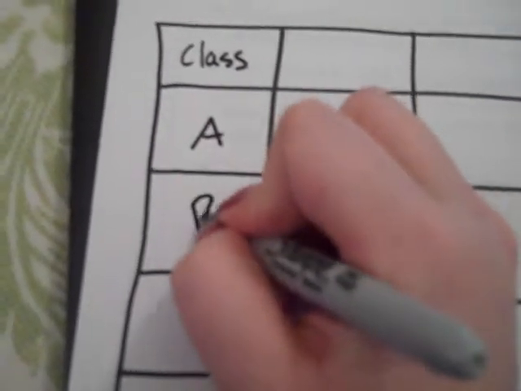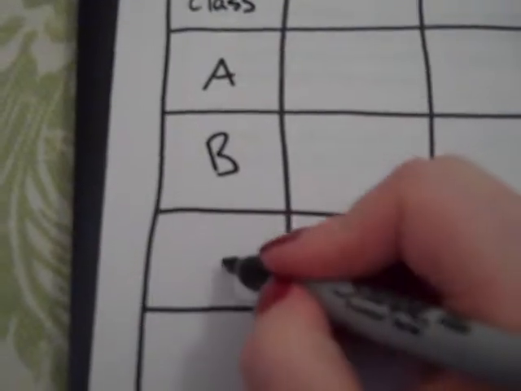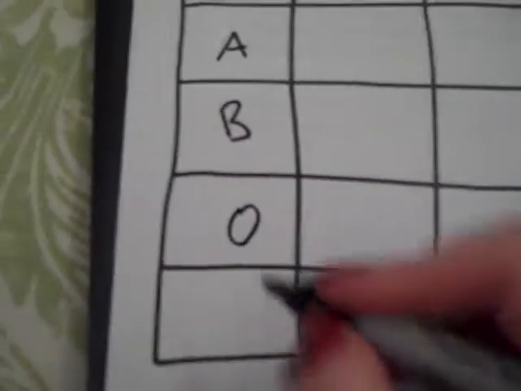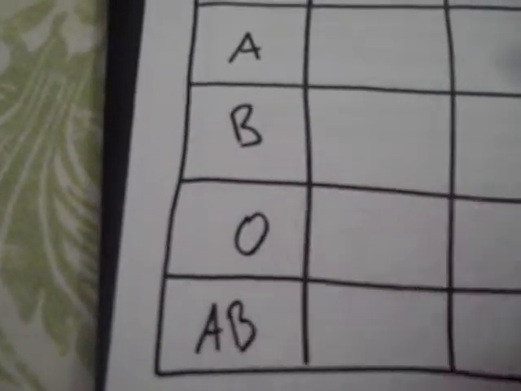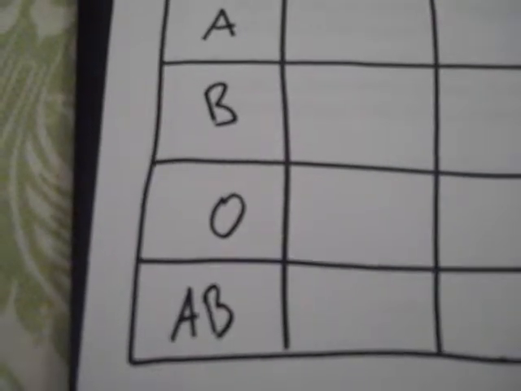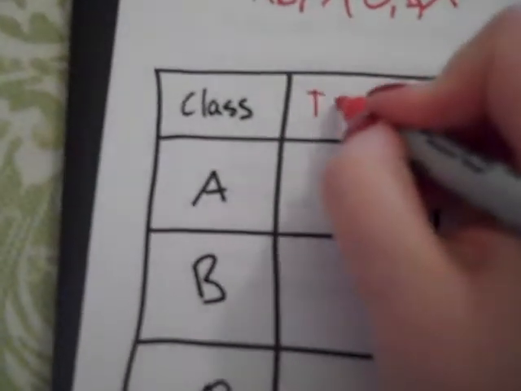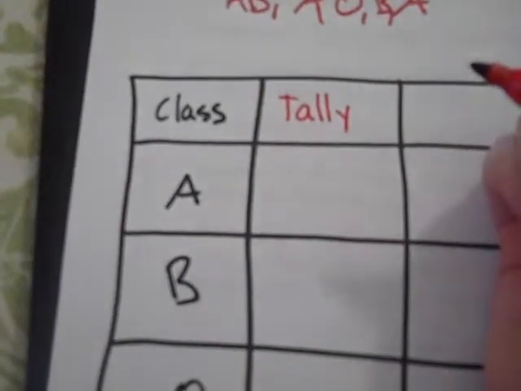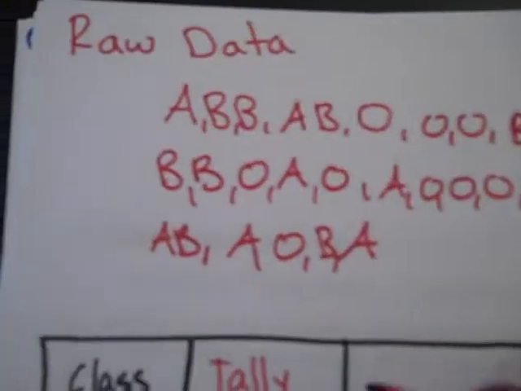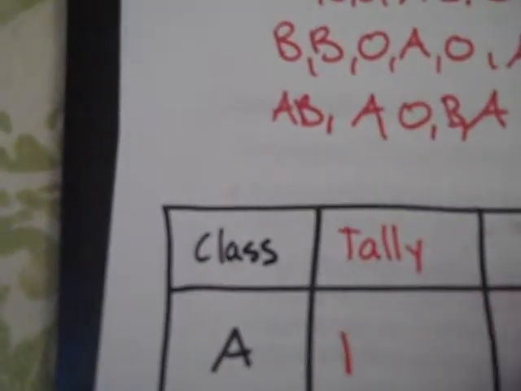So it can be A, B, O, or AB. Now, we're going to tally up the information that we have. So, one by one, we're going to tally it up.